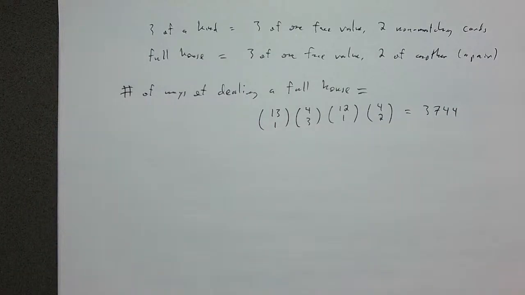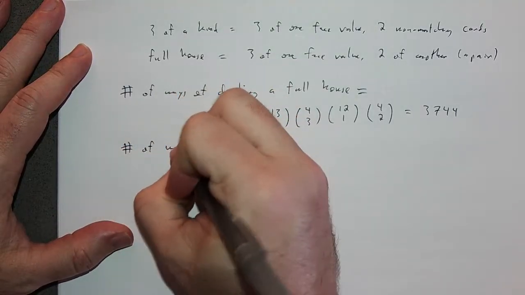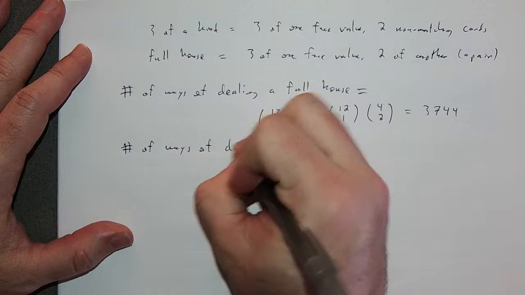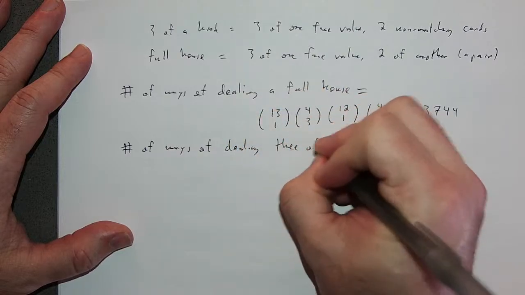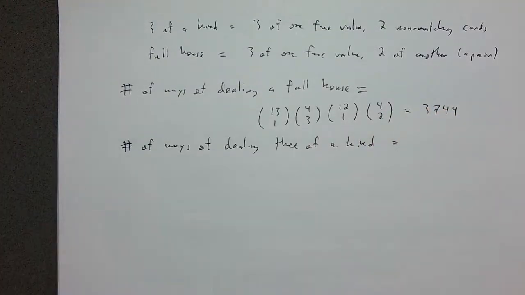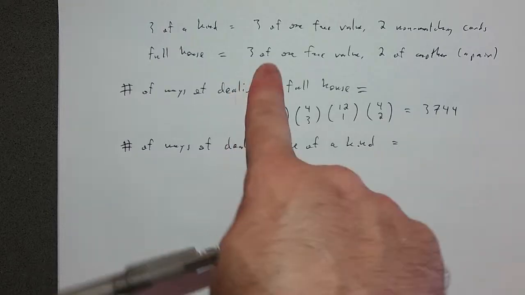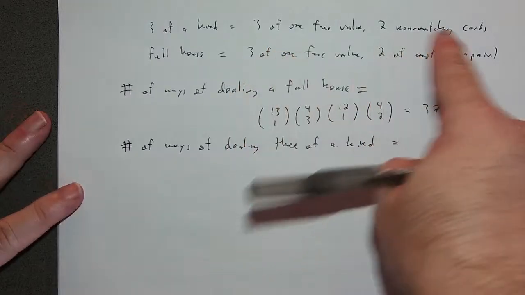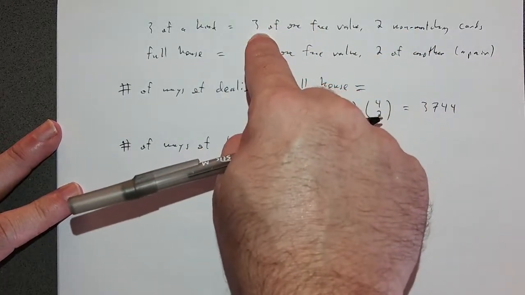But then what is the number of ways of dealing 3 of a kind? The best way of thinking about this is 3 of a kind is 3 of one value, and then the 2 remaining cards do not match each other and they don't match one of these cards.